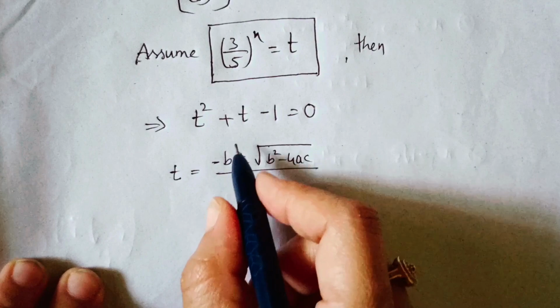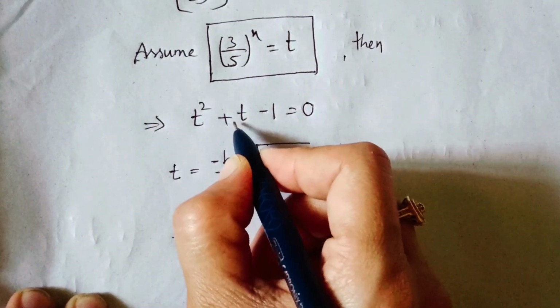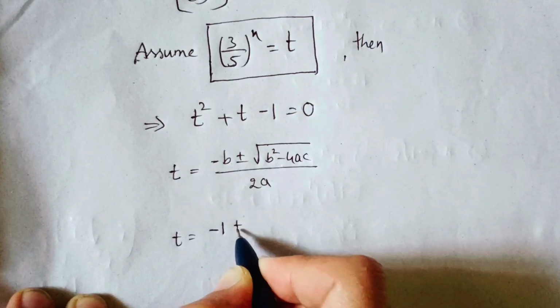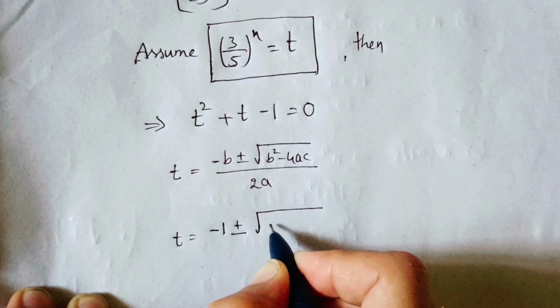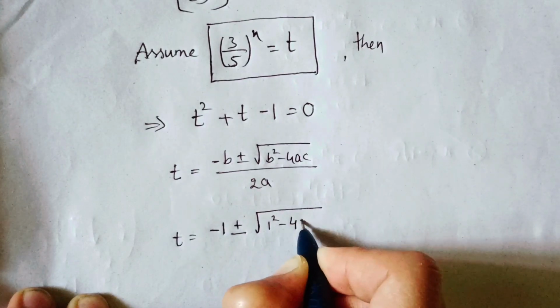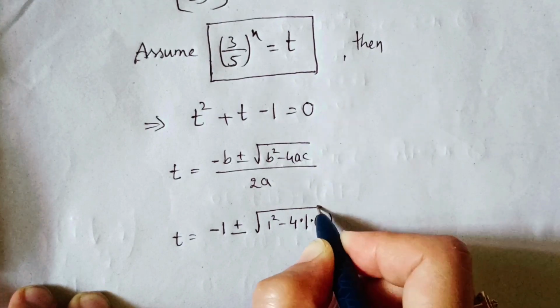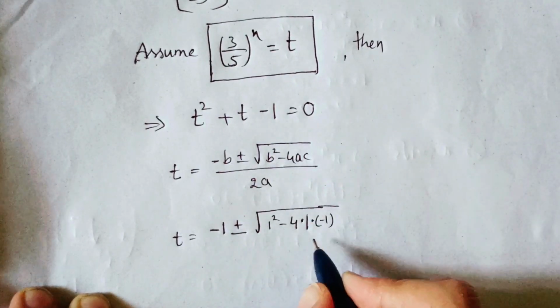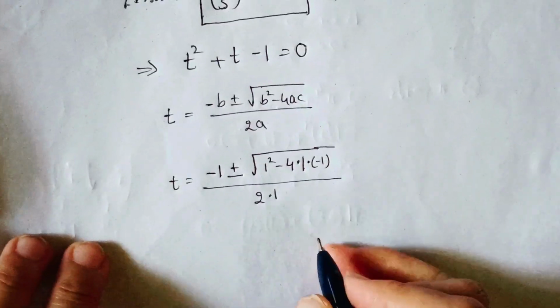So here t equal to minus b, b means 1, minus 1 plus or minus square root of b square, b means 1 square, 1 square minus 4 into a means 1, c means minus 1, divided by 2 into a means 1.